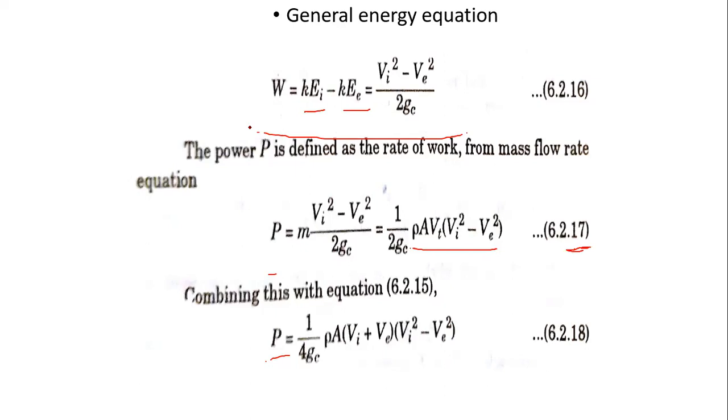Equation 17 reverts to the second equation for P total, when Vt is equal to Vi, and the second assumption, Ve is equal to 0. That is, the wind velocity reduces to 0 after leaving the turbine.